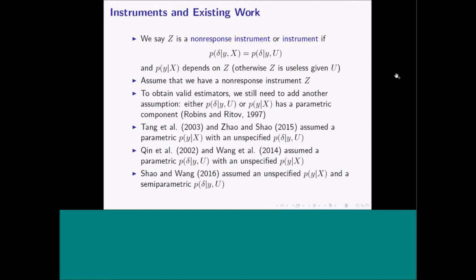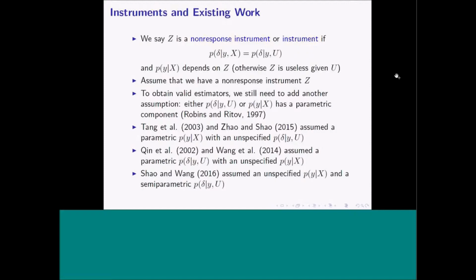If both of them are non-parametric, then the entire problem is non-parametric, and we actually have counterexamples. This cannot be done. Of course, you can make them both parametric, but that is usually not very robust, especially when we have missing data.